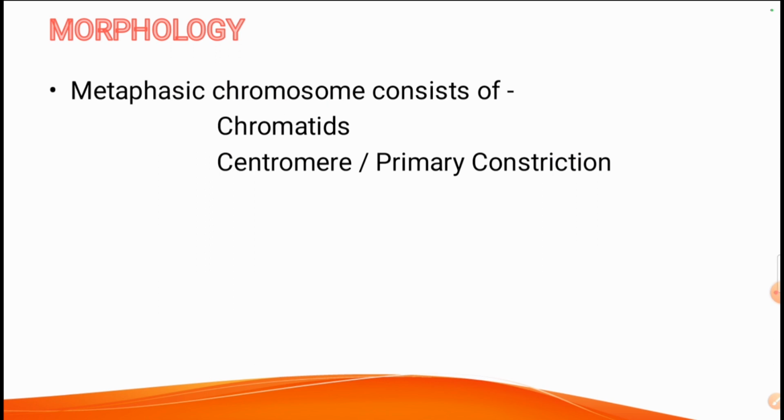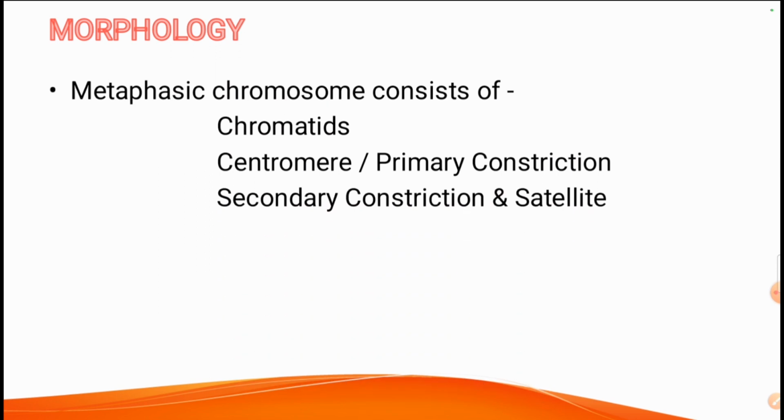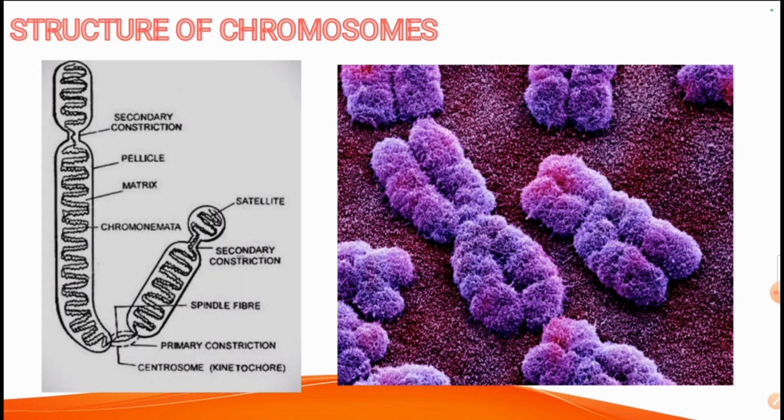So a metaphasic chromosome consists of chromatids, then centromeres, which are otherwise called primary constriction, then secondary constriction and satellite body, then telomeres. These are the structures as far as the morphological structure of a chromosome is concerned. So now come to the diagram of the structure of chromosomes.